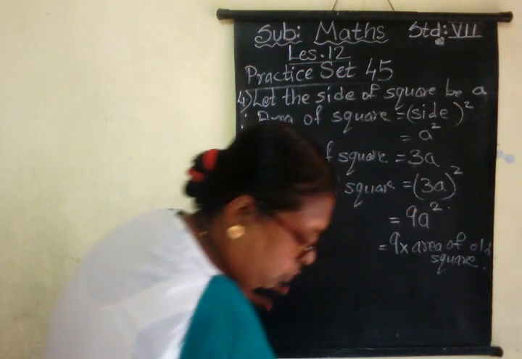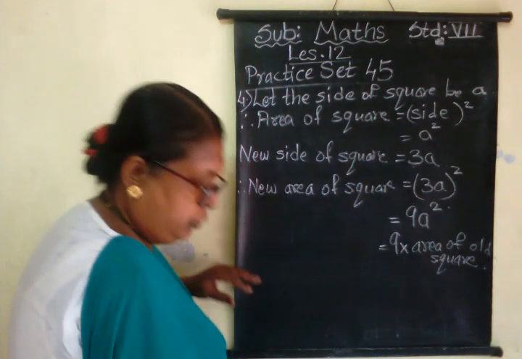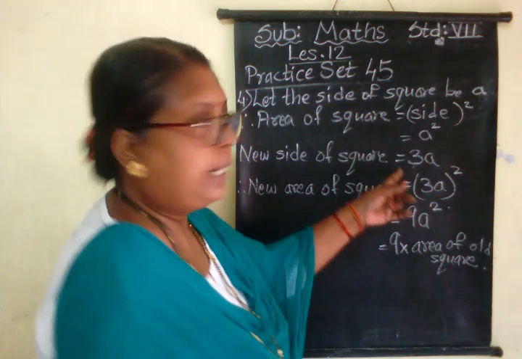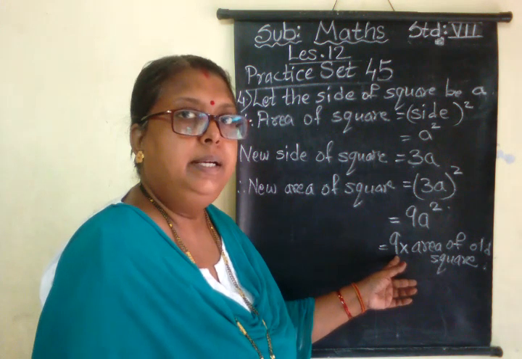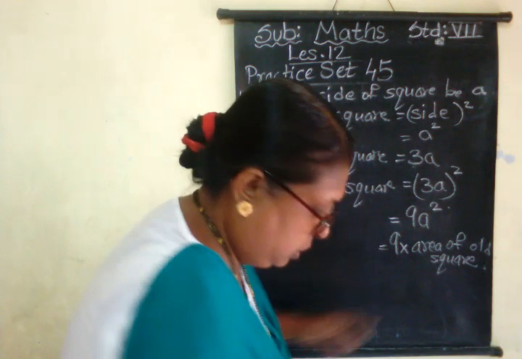Area of old square or original you can write. So when the side is tripled, the area increases by 9 times of the original.